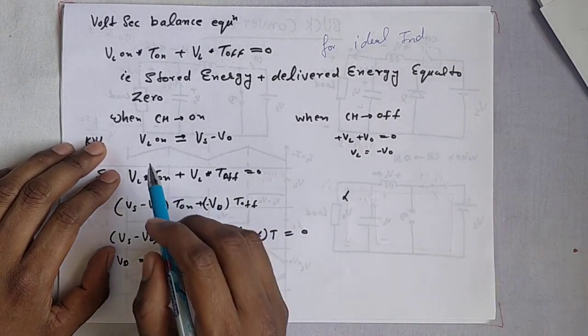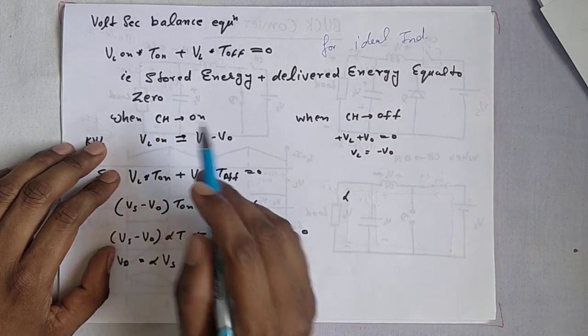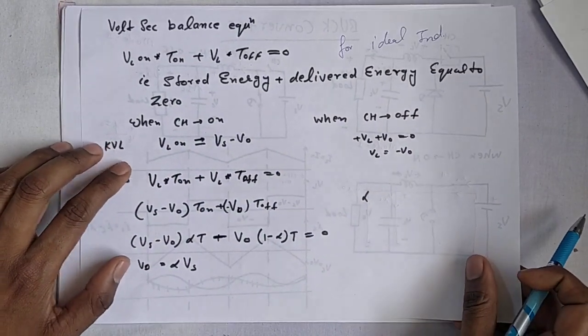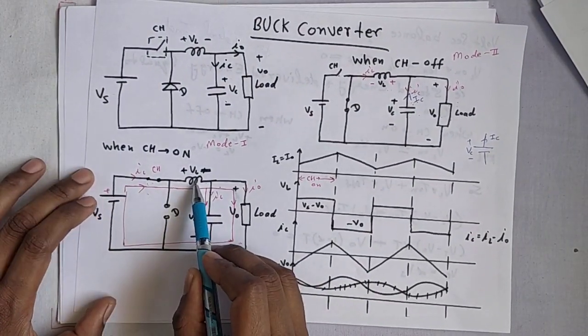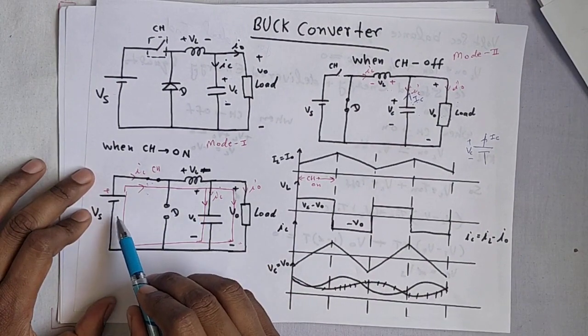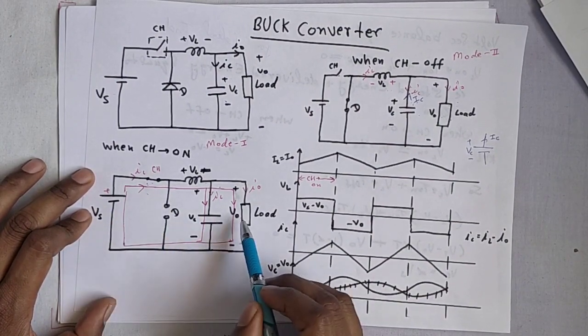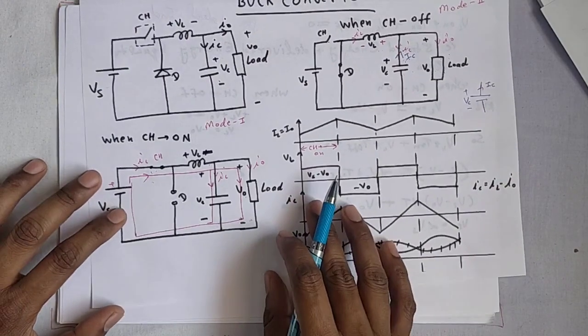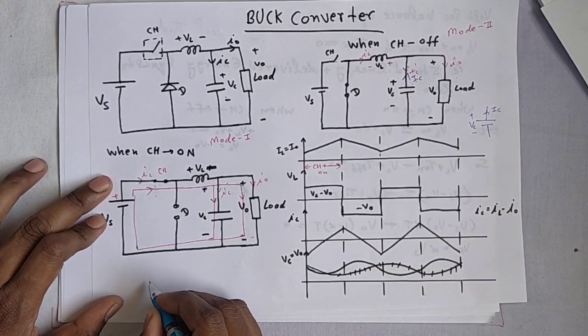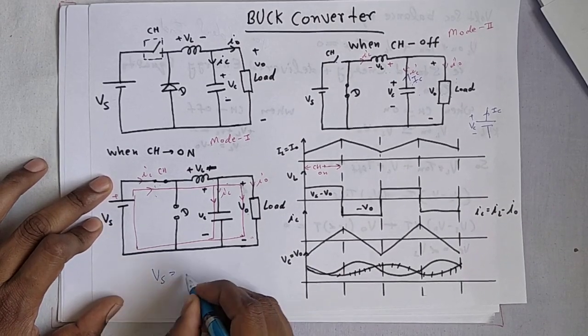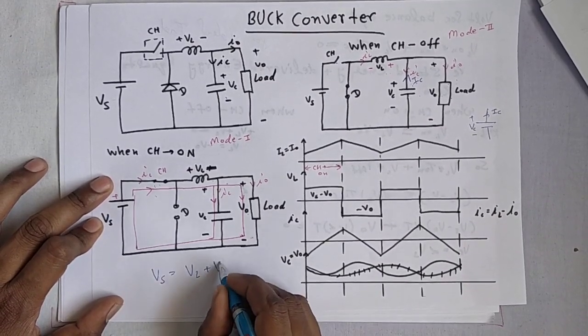So see, when CH is on, what will be the VL equation? When CH is on, VL equals Vs minus V naught. You can write the KVL equation. So the KVL equation will be like this: Vs equals VL plus V naught.